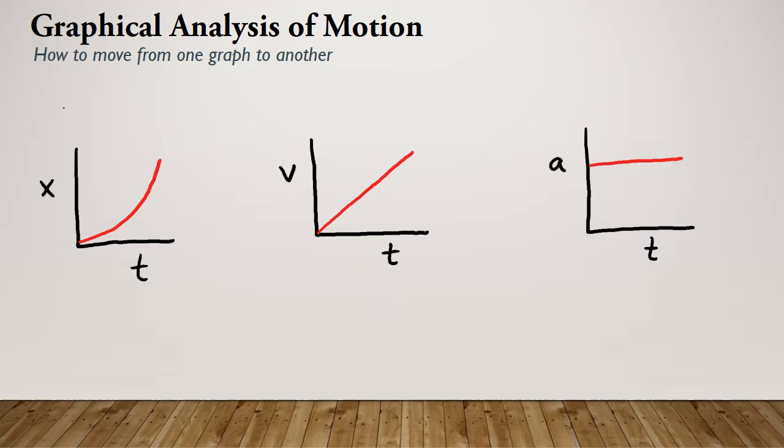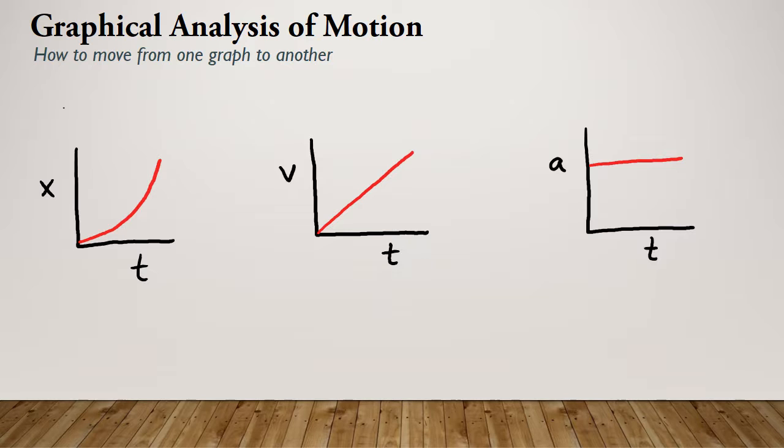So how do we tie all of this together? You know, going from position to velocity to acceleration, or whichever way you want to go. Well, there's really two tricks we need to remember: when to use slope and when to use velocity.